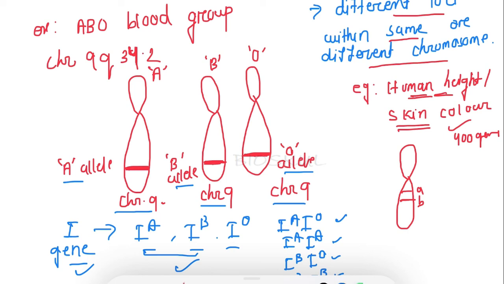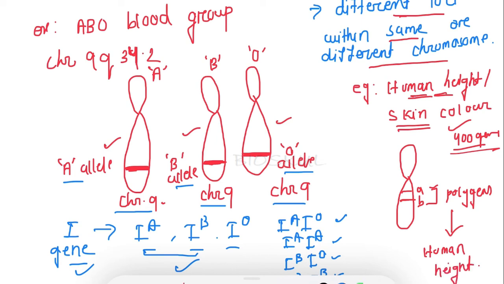Here you see, in multiple alleles they are located on the same loci of a chromosome in a population, but polygenes are located on different loci within the same or different chromosome. So the additive effect of these 400 genes contributes to human height.